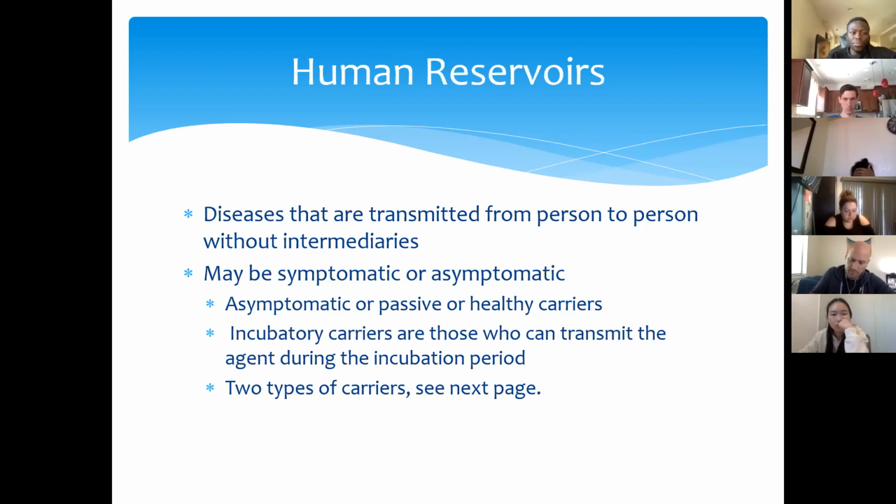Incubatory carriers can transmit an agent during the incubation period. So this is before they become symptomatic. A big one is COVID. People will be asymptomatic because COVID hasn't started their infection process yet.